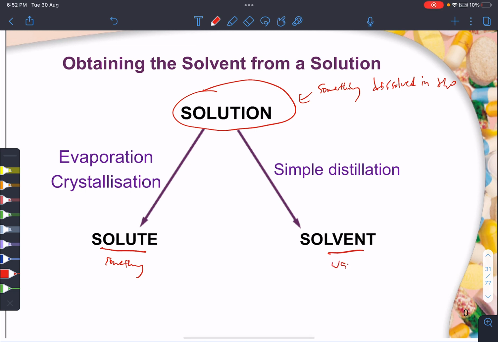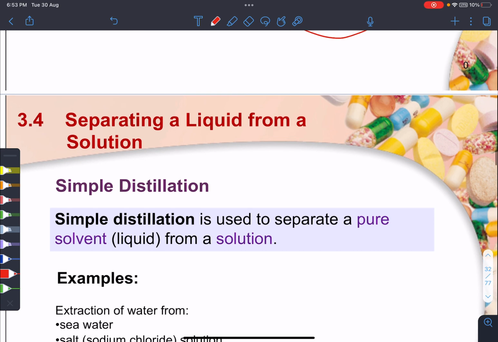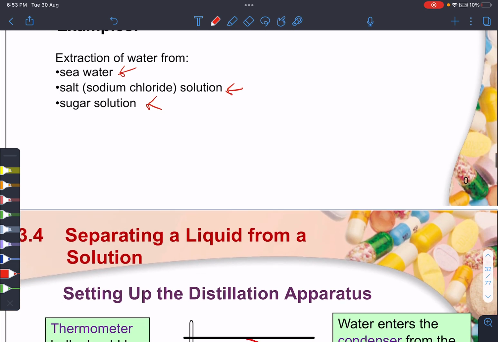Solvent tends to be water. So if you want to get the water, you can use simple distillation. What's simple distillation? Well, it's very simple, that's why they call it simple distillation. The common examples are seawater, your NaCl, sugar solution.